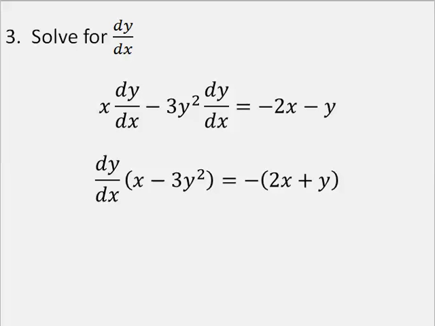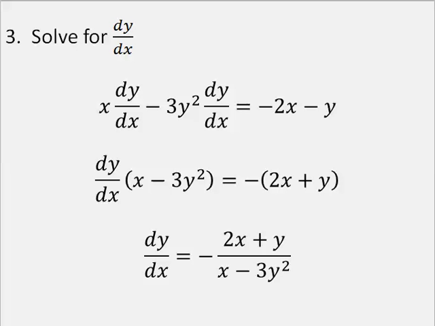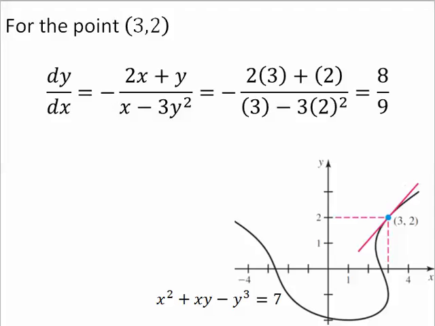And once I do that, I divide both sides by x squared minus 3y squared, and I get this quotient. Alright, now once I've done this, I can go ahead and evaluate. Instead of the x, I'm going to put in 3. Instead of the y, I'm going to put in 2. Once I do that, I'm all done.